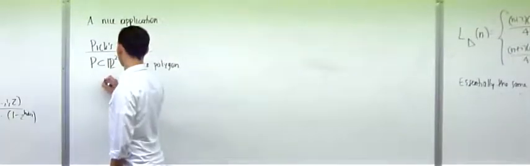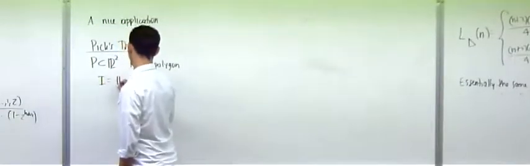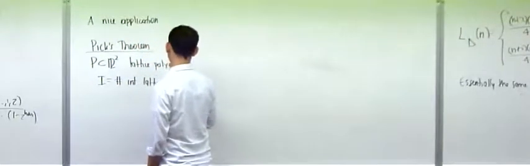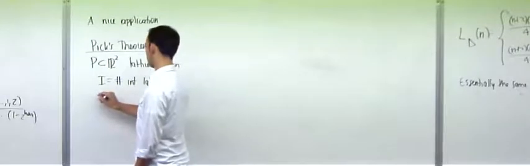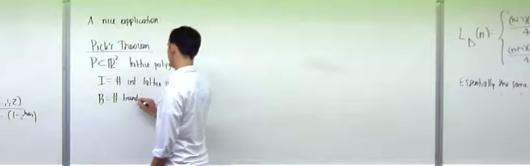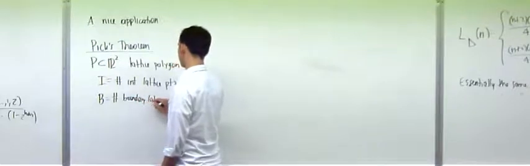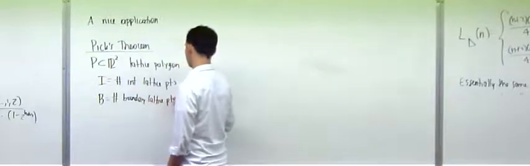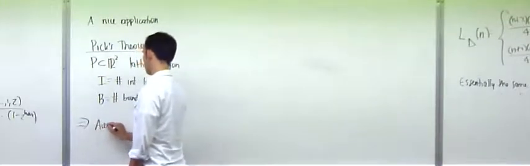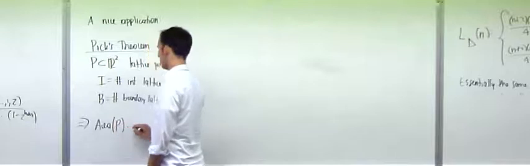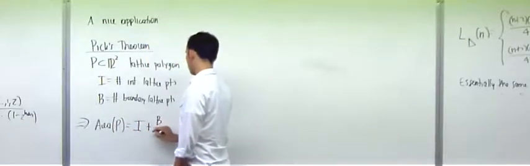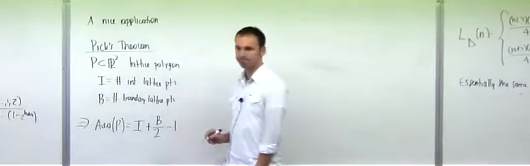If you say that I is the number of interior lattice points, and B is the number of boundary lattice points, then the area of the polygon is very simple. Interior points plus boundary points over 2 minus 1. Okay.